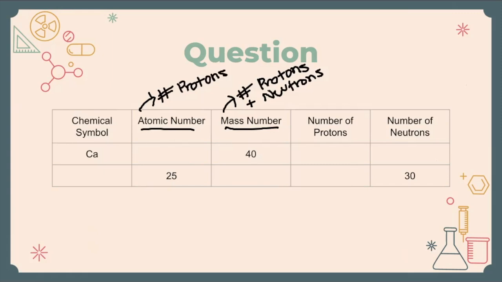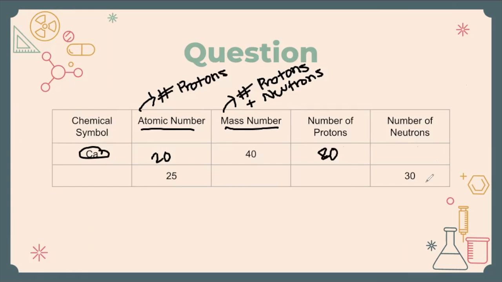So we have this chemical symbol Ca, that's calcium, and it has an atomic number, if you look at your periodic table, of 20. So what does the atomic number tell us? It tells us the number of protons. And so we know that calcium has 20 protons.